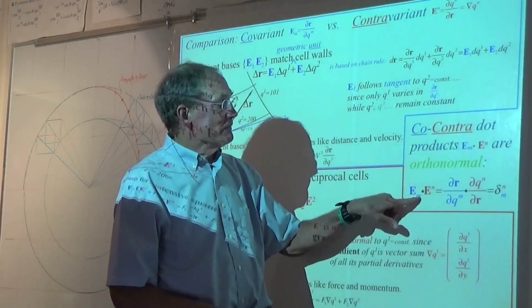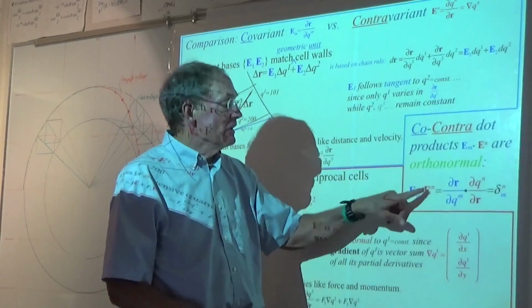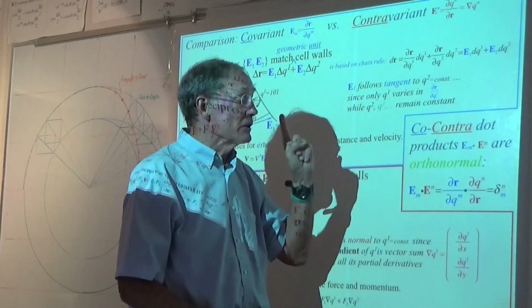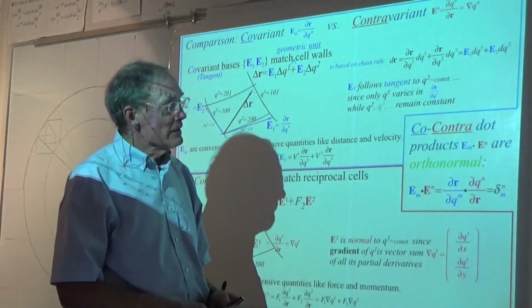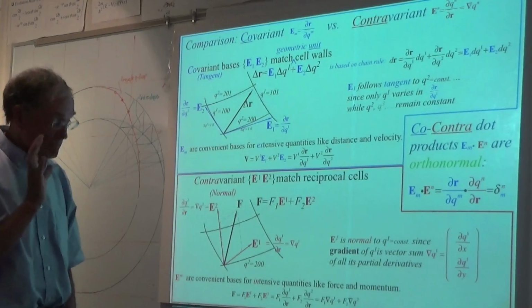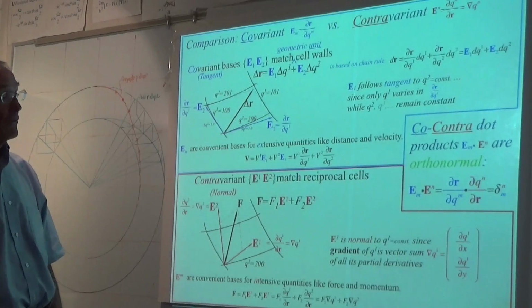E sub m co dotted with E^n contra is 0 unless they're equal, and if they're equal, it's exactly 1. Because remember the partial derivative that I showed you before? That very important Jacobian inversion? That's what makes it happen. It's connected directly with that.